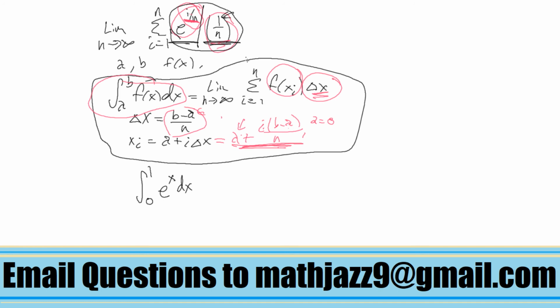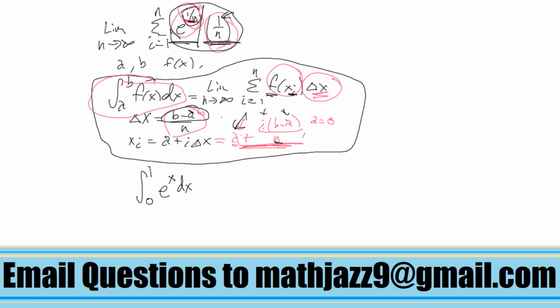The constant represents the distance between a and b, and then you try and look at f and split it into the outside function f and the inside function x sub i. x sub i will always be of the form some constant, in this case our constant was 0, plus some constant times i divided by n. So the constant was 0 plus i times another constant, which was 1 over n.